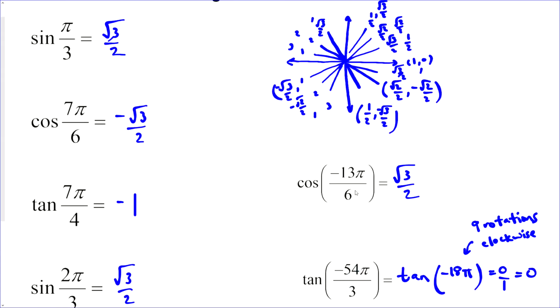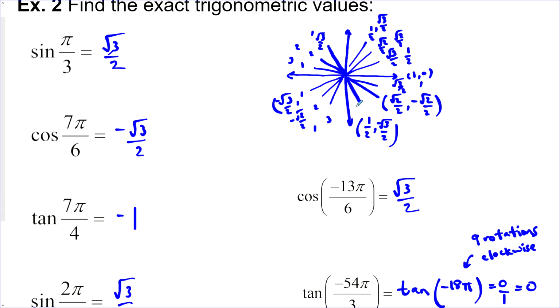Negative 17 pi over 3 is negative 1, 2, 3, 4, 5, 6, 7, 8, 9, 10, 11, 12, 13, 14, 15, 16, 17. So it has a reference angle of pi over 3 or 60 degrees. And we were looking for sine, and so it's this y coordinate of this point, root 3 over 2.